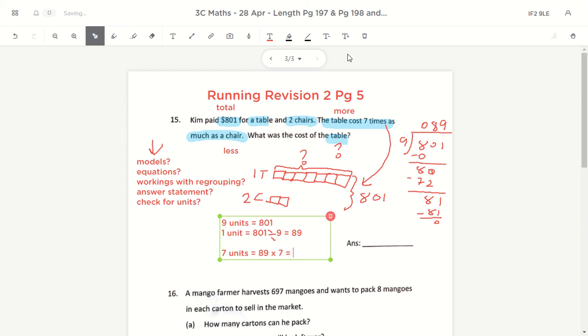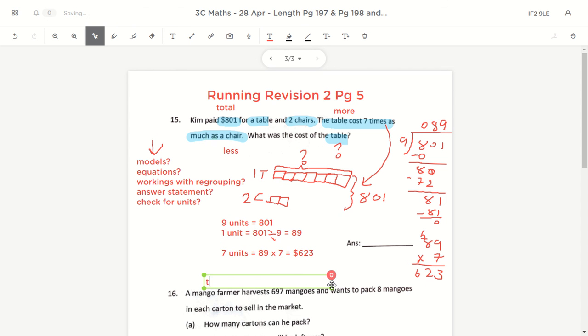Let's figure out the answer. 7 times 9, 63. 8 times 7, 56. 56 plus 6, 62. So the answer for the table is actually $623. After this, make sure you write your answer statement.